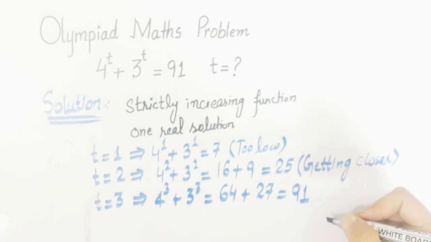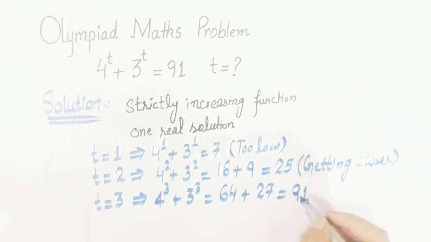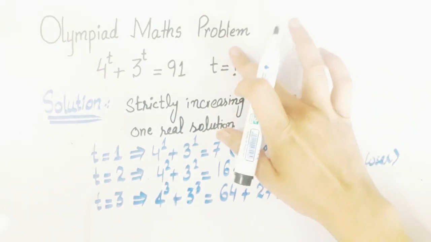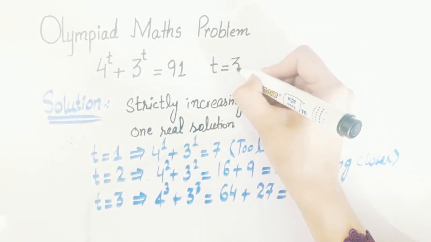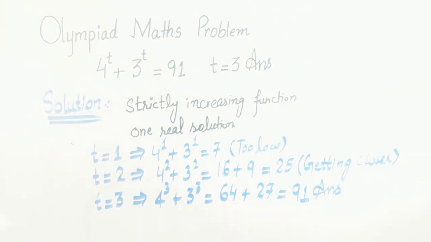Because the function only ever goes up, we know that t equals 3 is not just a lucky guess, but the exact answer. So the final answer for this question is t equals 3.